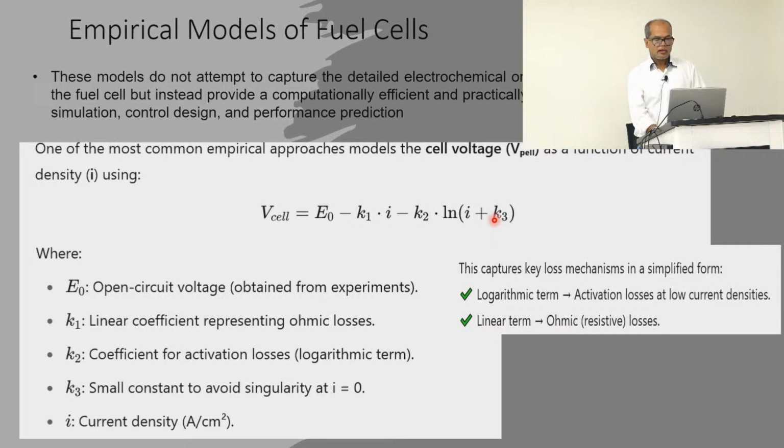What we will do, by knowing whatever you know here, K1, K2, K3 maybe you can assume, but K1, K2 by curve fitting method with the measured value, and then the unknown parameters you assume.